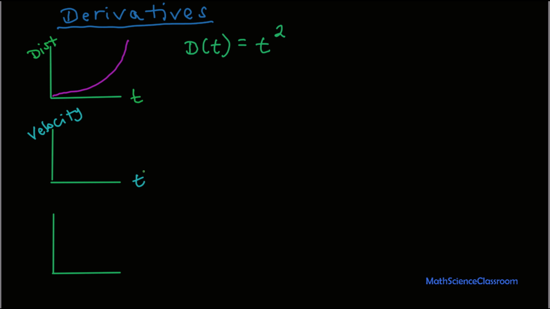So how will we draw that? We will draw a straight line that is increasing, but notice the rate. Write v(t) equals 2t.